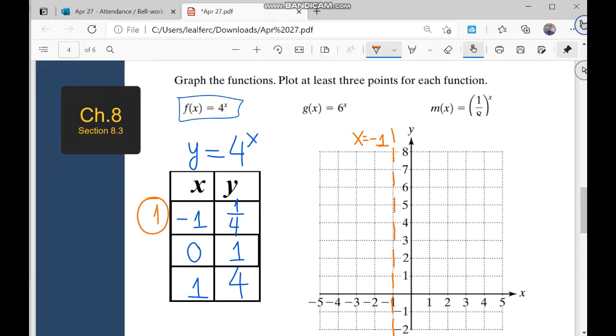And y equals 1 over 4. And 1 over 4 is somewhere between 0 and 1, closer to 0. Right? So y equals 1 over 4. Okay? This is the first point. Point number 1.